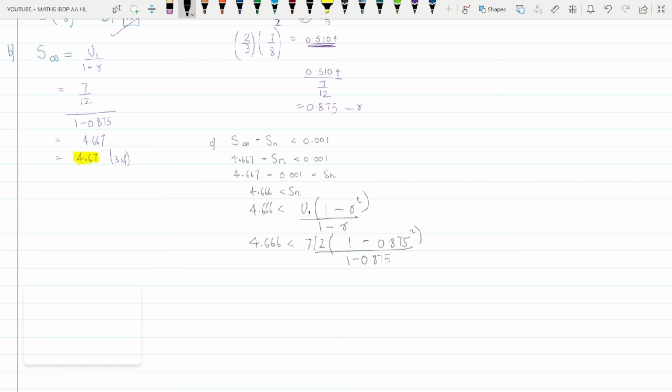After punching this into the calculator, our answer would be 63.27. Therefore, 64. I rounded up to the higher value because if I rounded down to 63, the difference would be greater than 0.001.